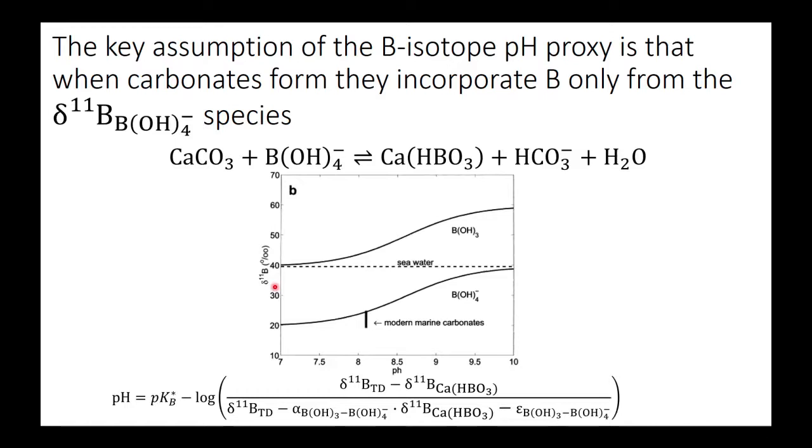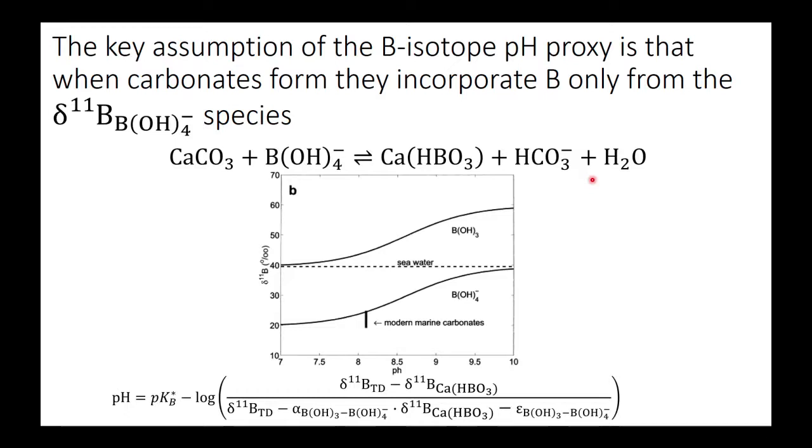when calcite or aragonite forms, we think, and we're pretty sure of this, that it only incorporates boron from borate ion and not boric acid. So that's this equation up here: you get some calcium carbonate and some borate ion, and that gets incorporated into the calcium carbonate lattice as borate ion within the calcite.